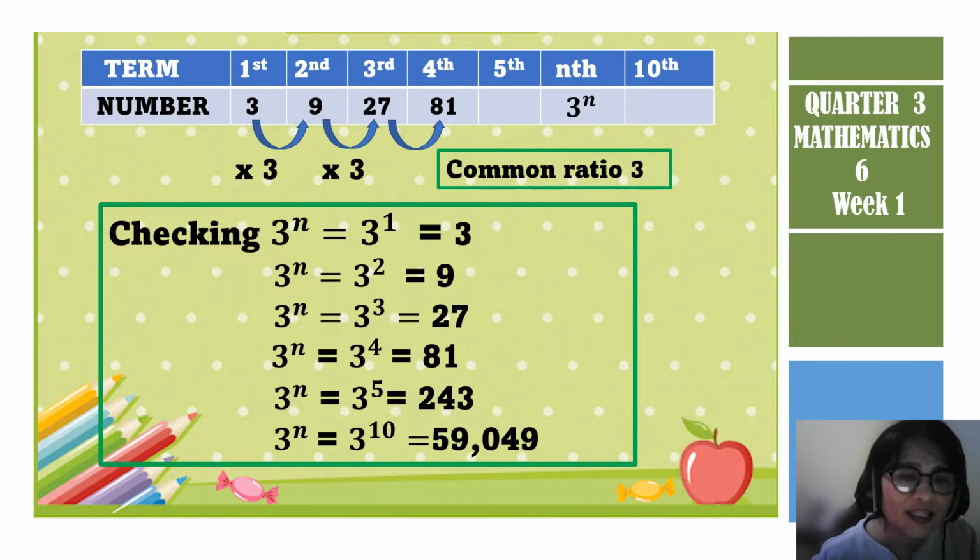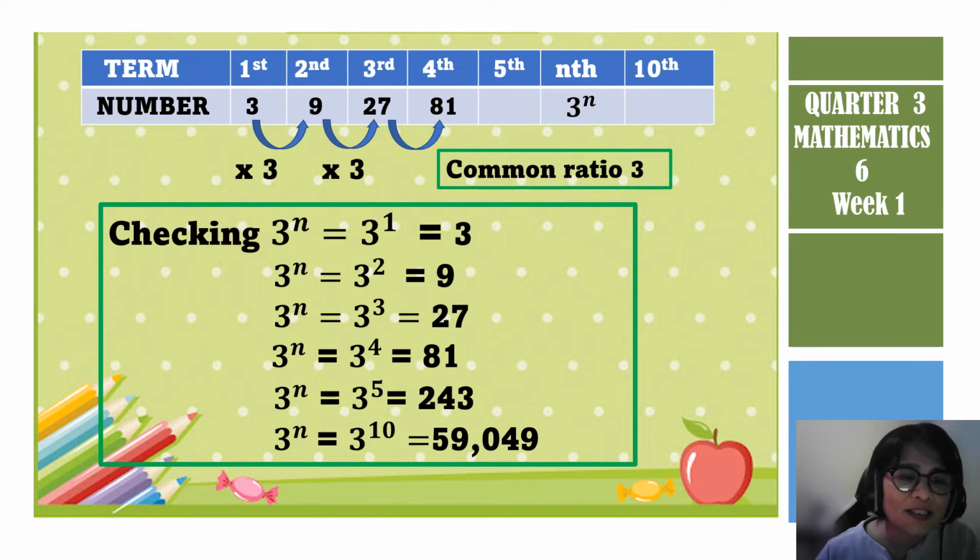So, 3, which is our common ratio, and n is for the term. So, 3 to the first term is equals to 3. So, diba, ang exponent ay multiplying by itself. Since 1 lang ang exponent, times 1 lang siya, kaya your answer is 3. Kaya tama tayo doon sa first term natin.